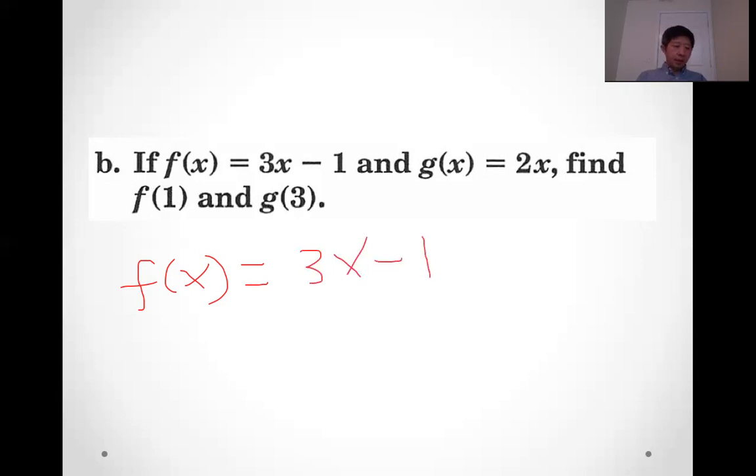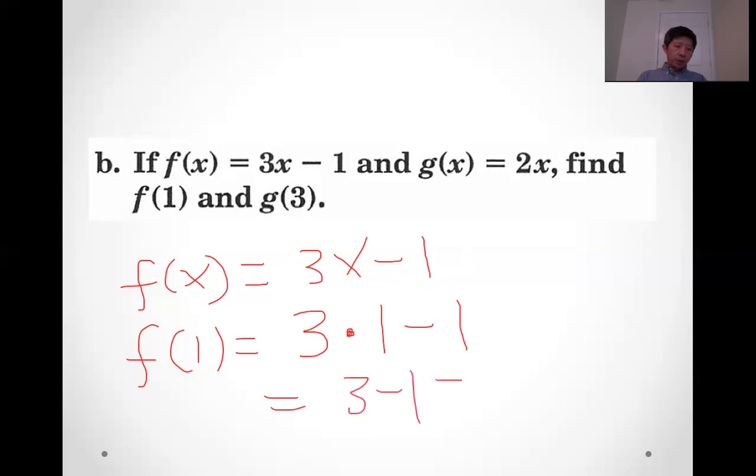Now I want to replace x with 1. So 3 times 1 minus 1, which is equal to 3 minus 1. So the answer will be 2. So the input is 1, output is 2.